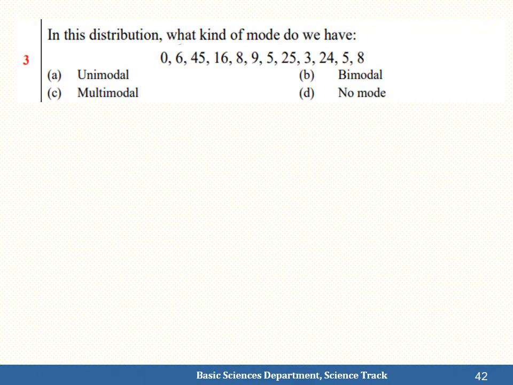In this distribution, what kind of mode do we have? To see this, first order them. Let's write them in order: 0, 3, 3, 5, 5, 6, 8, 8, 9, 16, 24, 25, and 45.